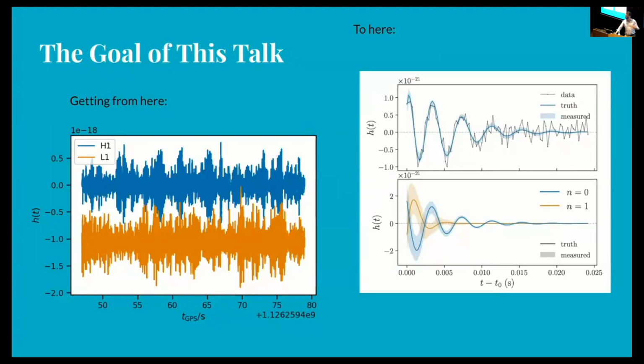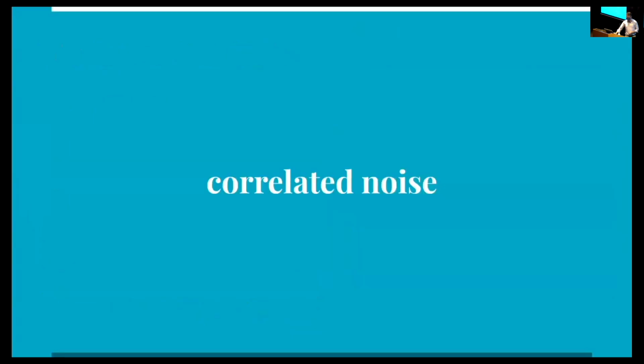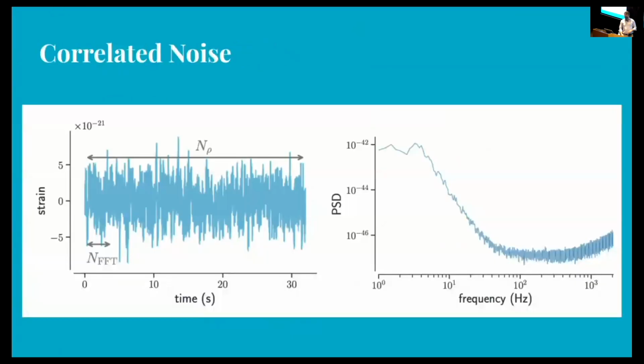And step one of doing data analysis is to write down a likelihood function. The likelihood function characterizes the noise in LIGO. So that's the first thing that I'd like to talk about. This is a simpler example, which comes from the paper with Max. Here's some 30 seconds of synthetic data that are meant to evoke, but not really in any way be terribly representative of, the LIGO noise stream.